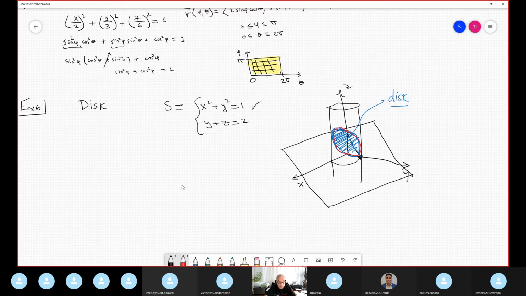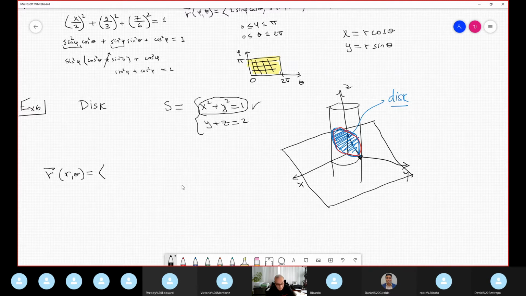So the parameterization, in this case, I'm using cylindrical coordinates. It's r of r comma theta, and the x part comes from the famous parameterization x equals r cosine theta, like polar, and y equals r sine theta.